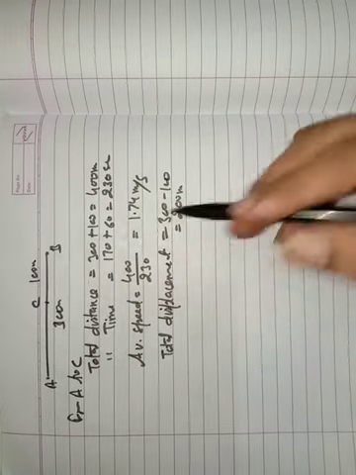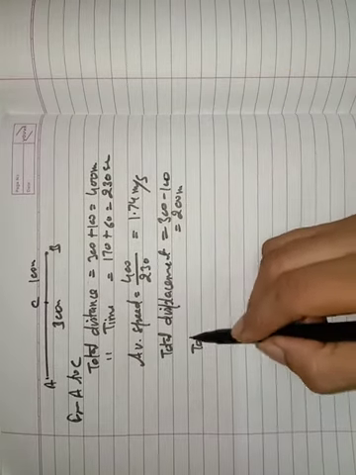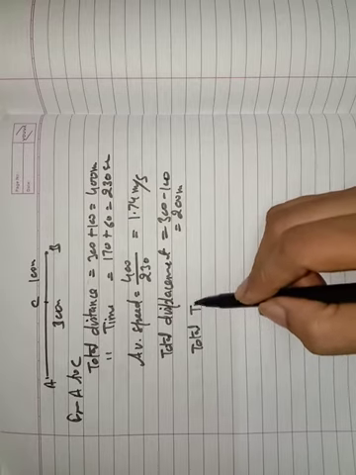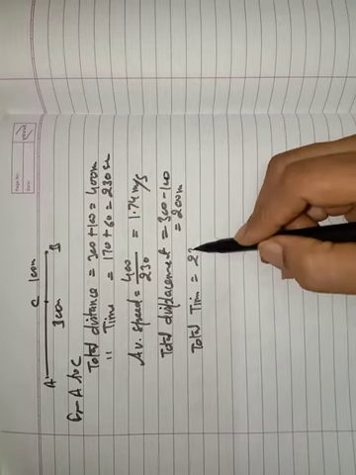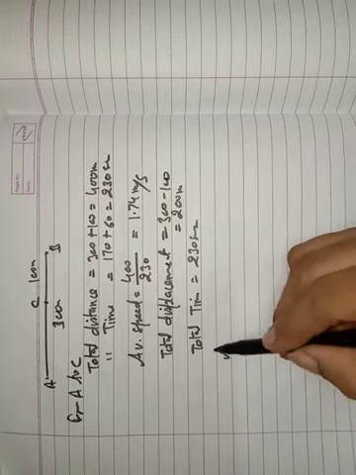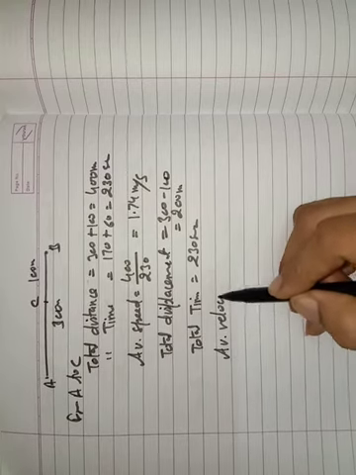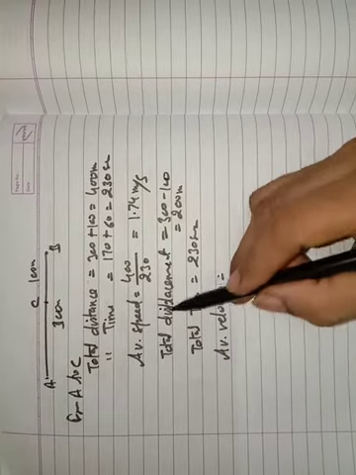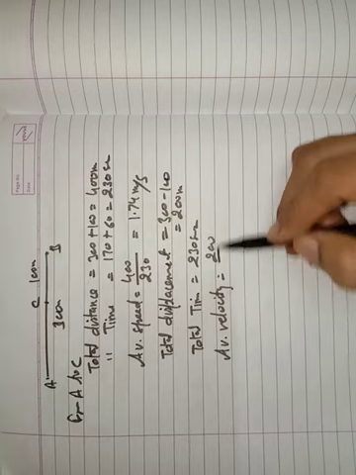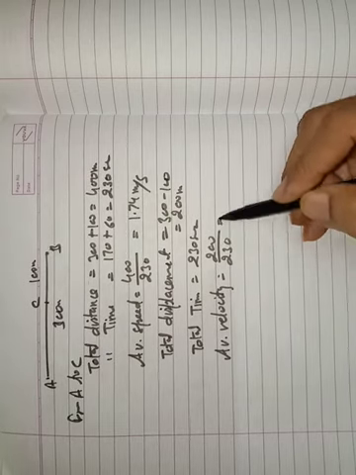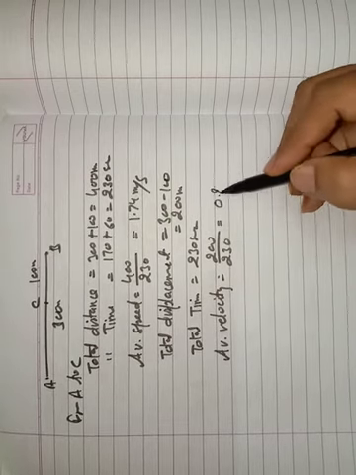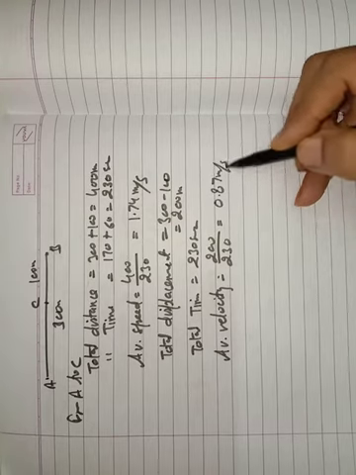This is the displacement of Joseph, and the total time taken by Joseph to cover this displacement is again 230 seconds. What will be the average velocity? Average velocity is equal to total displacement, 200, upon total time. By dividing it, we will find it 0.87 meter per second.